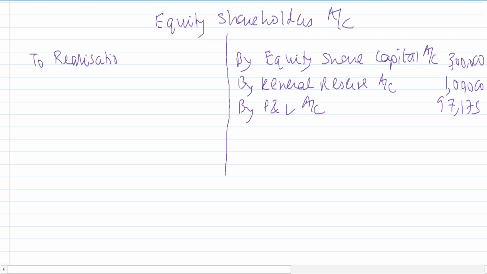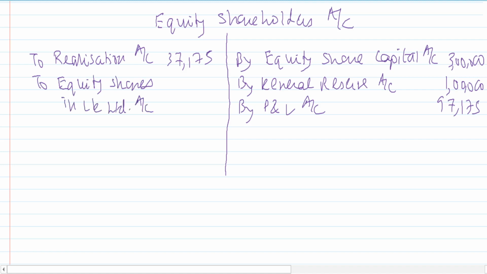So to realization account, 37,175. Give them equity shares. Equity shares in LK Limited, 396. And also give them the cash, 64.